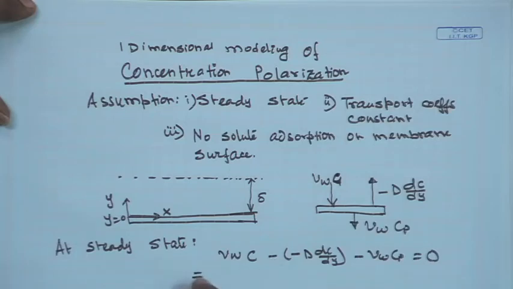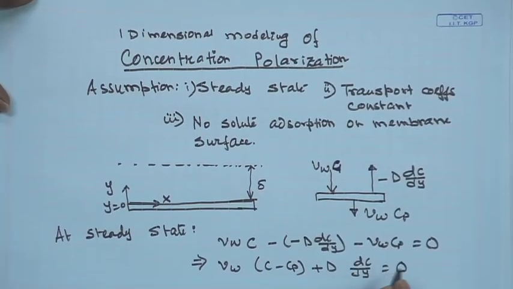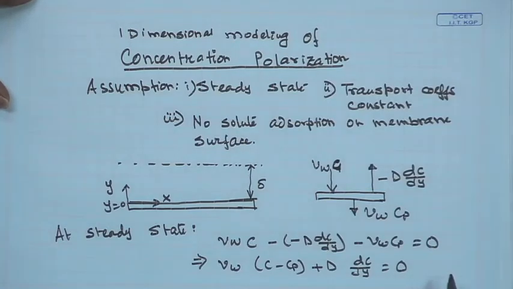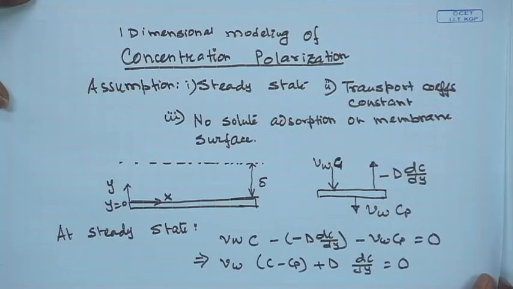So, you will get VW times C minus CP plus D dC dy equal to 0. This one dimensional governing equation is formed in order to quantify the solute balance within the mass transfer boundary layer.